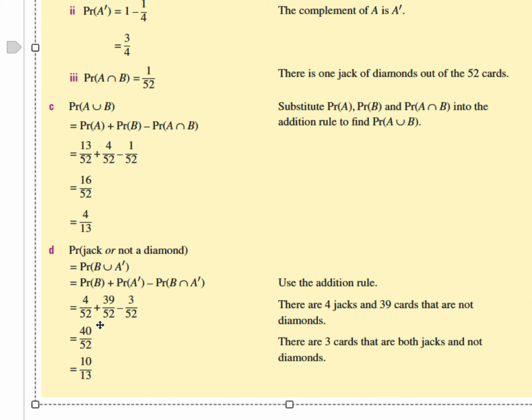So we know there's 4 jacks in the set of cards. One of them belongs in set A, so that just leaves 3 that meet that criteria. So we do 4 plus 39 minus 3 to get 40 over 52, and then we can just simplify that to 10 over 13.